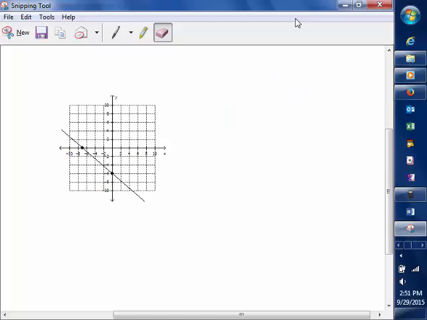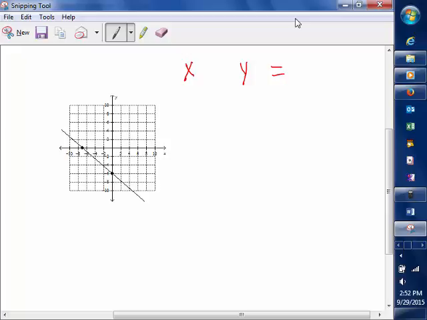Let's graph it. So when you see this problem, what you're going to need to do is figure out that the standard form is some number x plus some number y equals some number. Okay, so we have to figure out what those coefficients are.